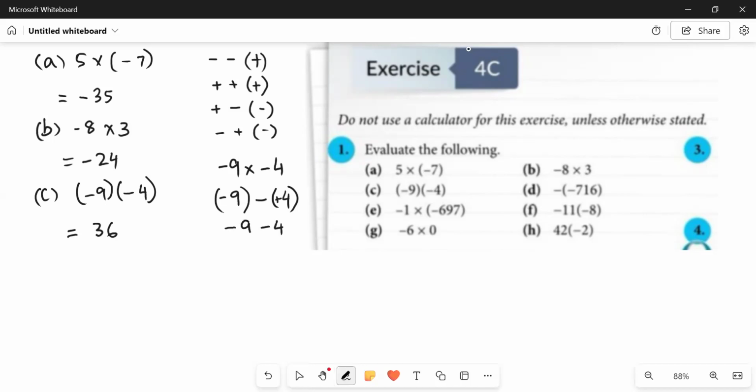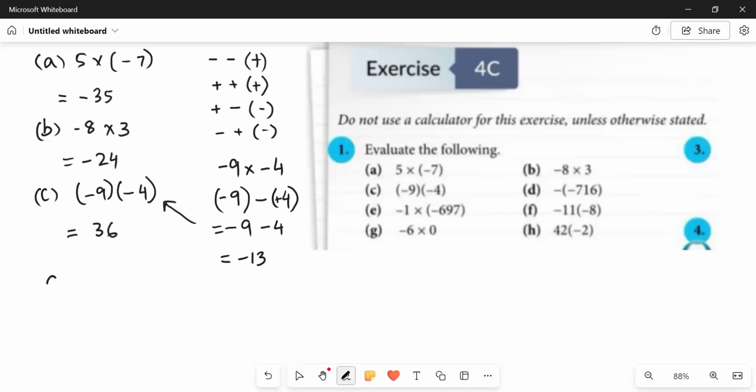Now this case is altogether different from the one given in part C. Here we have to multiply 9 by 4 because both are enclosed in the brackets. But here we have to add these two integers. 9 and 4 gives us 13 and the sign of the greater number. Okay, so there is a difference between the two and you have to keep this in mind.